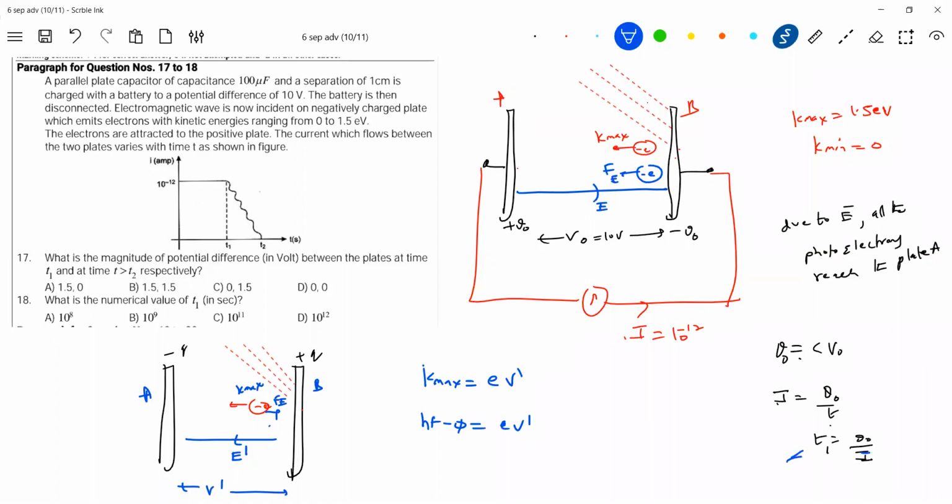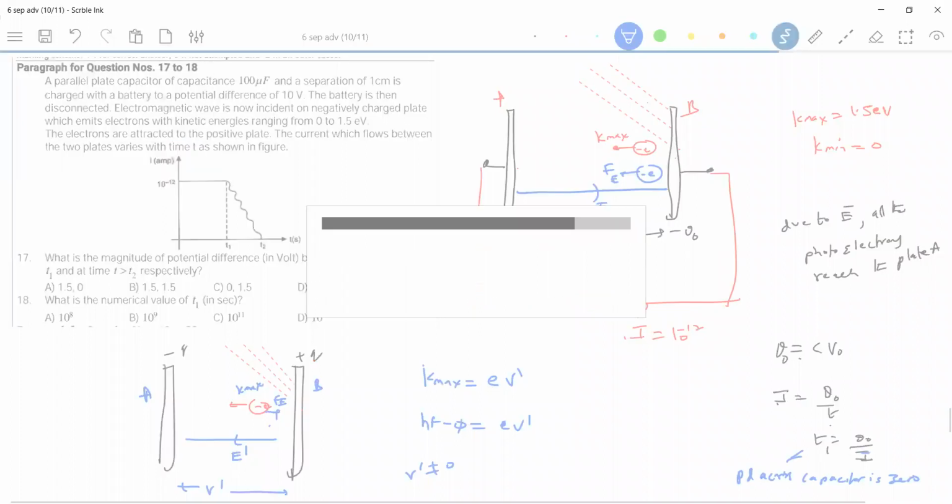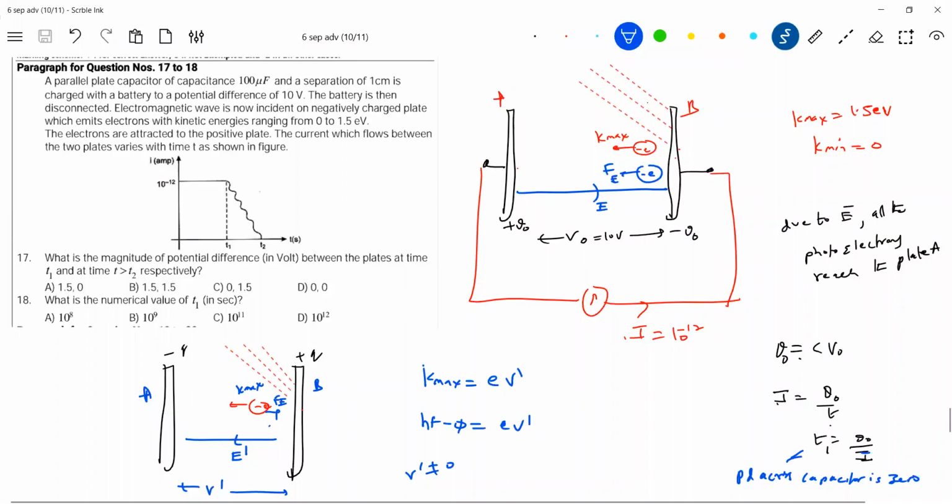The potential difference across the capacitor is 0. Now, V dash will be non-zero.